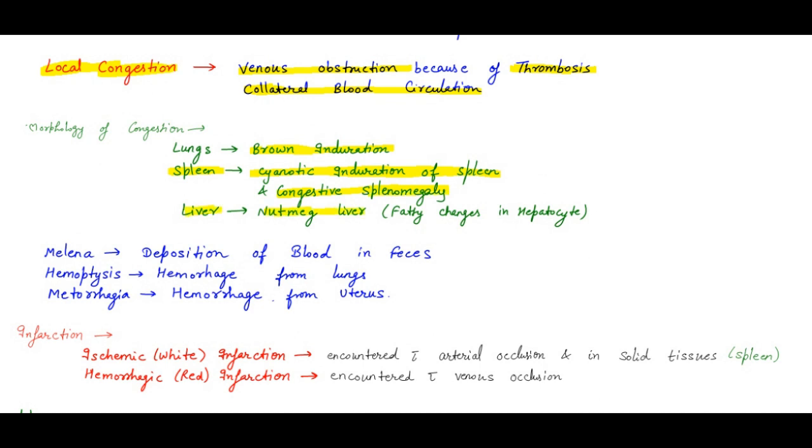This is due to venous congestion or systemic congestion. This is the important one, the lungs. Remember, brown induration of the lungs, cyanotic induration of the spleen and congestive splenomegaly, and nutmeg liver, with fatty changes in the hepatocytes.